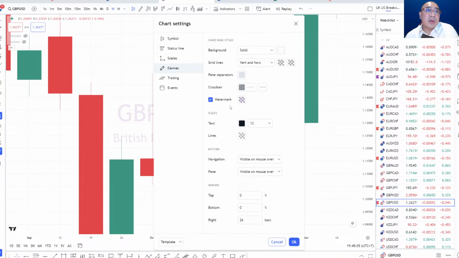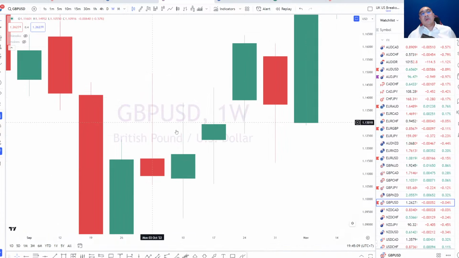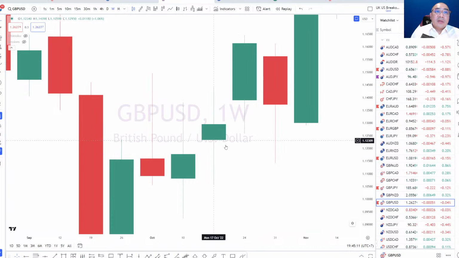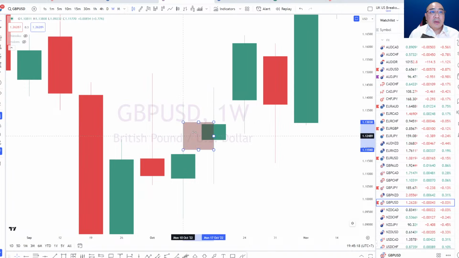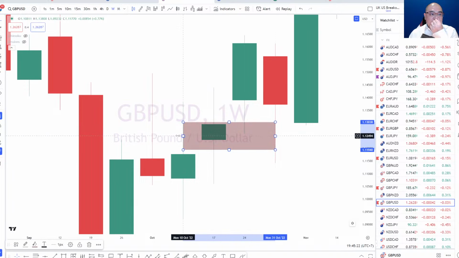All right, there we go. So you see a lot of spikes here. This candle itself in the middle is very unique, because if you take a look at the body, it doesn't overlap with any of the bodies out there.